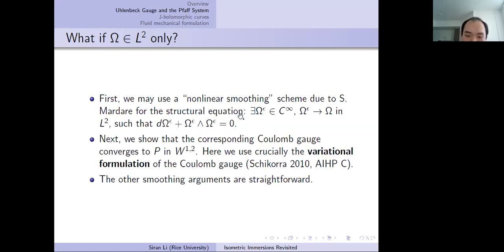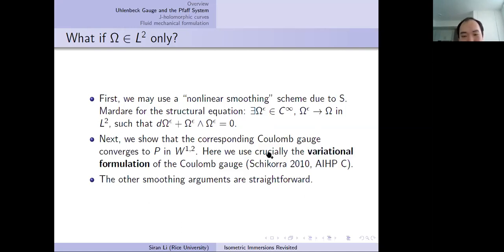Well, the structural equation is nonlinear, but the nonlinearity takes a nice form. So also by a Hodge decomposition argument, if you play with the divergence part and the curl part separately, we can actually get a smoothing for this nonlinear equation. This is Mardare's trick.